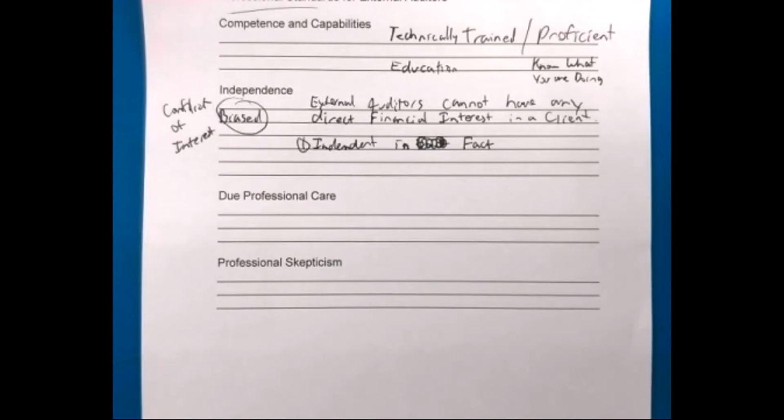But internal auditors, you remember, they're paid by the company, so they're not independent. If I'm an internal auditor for IBM, IBM is writing my paycheck, so I am not independent, and for that reason, I can't do the audit.